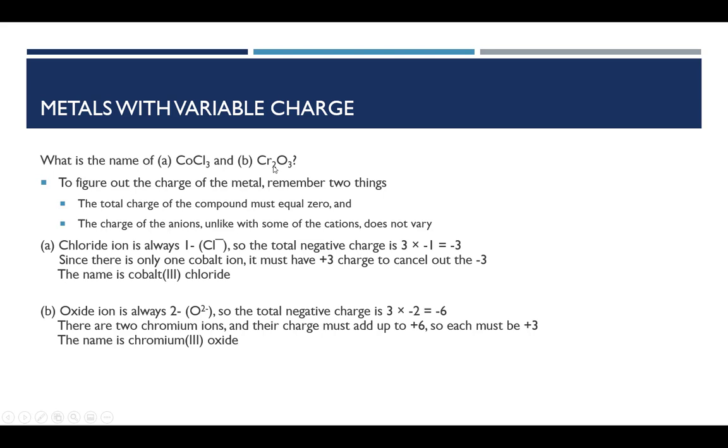So how do we get that? Well, positive 6 divided by 2, each one of them must be positive 3. So we've got 2 chromiums, which are each positive 3, that's positive 6. 3 oxides, which are negative 2, that's negative 6. So everything here adds up to 0. So the name of this compound is chromium(III) oxide.